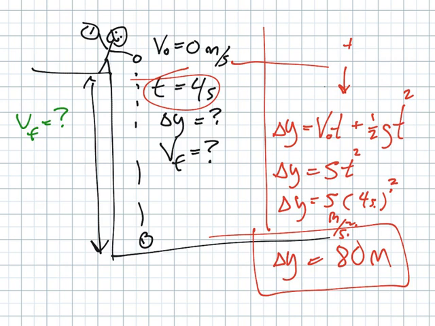Well, here's the deal. I know that when I release it, it is accelerating downward at about 10 meters per second per second. That means every second it's falling, its velocity increases by 10 meters per second. So starting from 0, how much is it going to be after 4 seconds? Yes, it's going to be 40 meters per second.